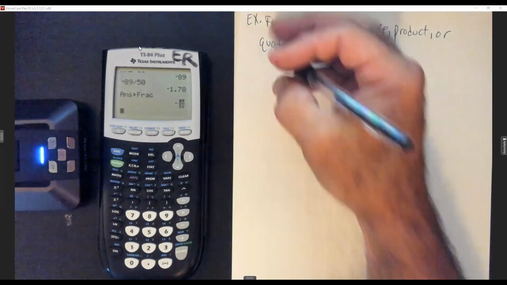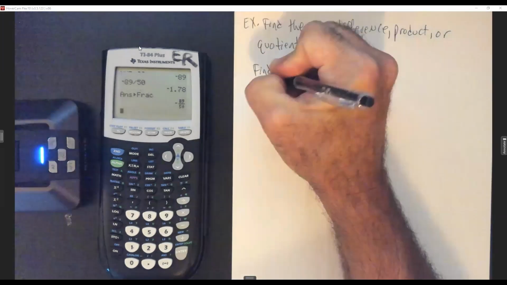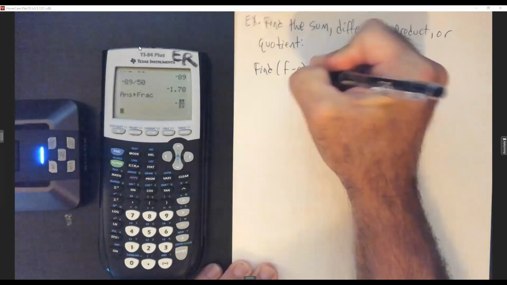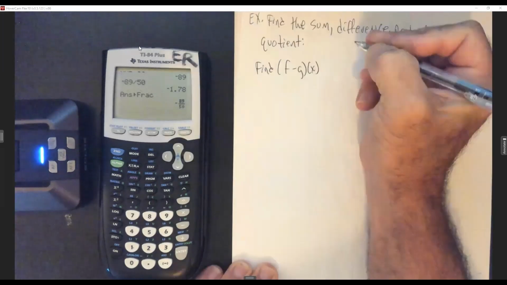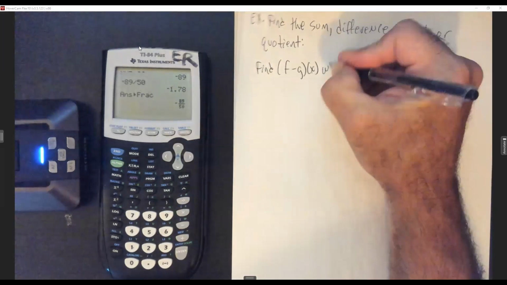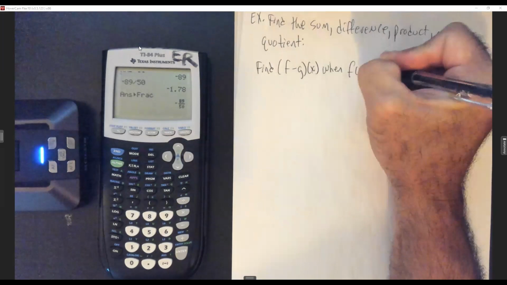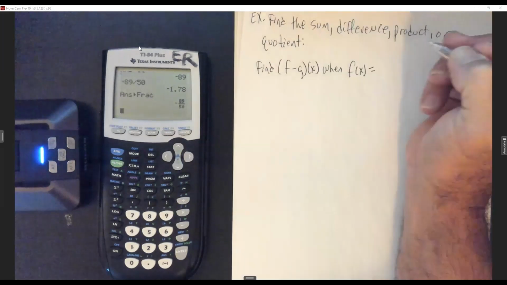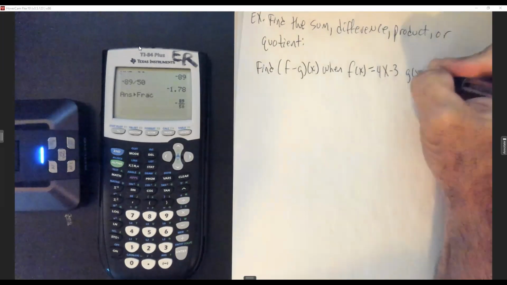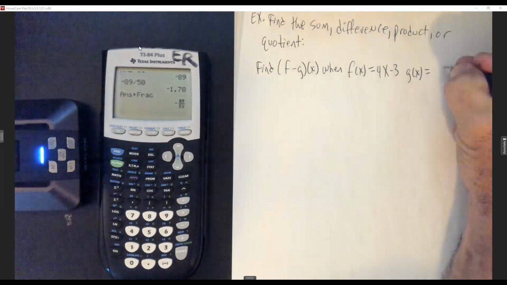So this one wants me to find f minus g of x when f of x equals 4x minus 3 and g of x equals 7x minus 6.